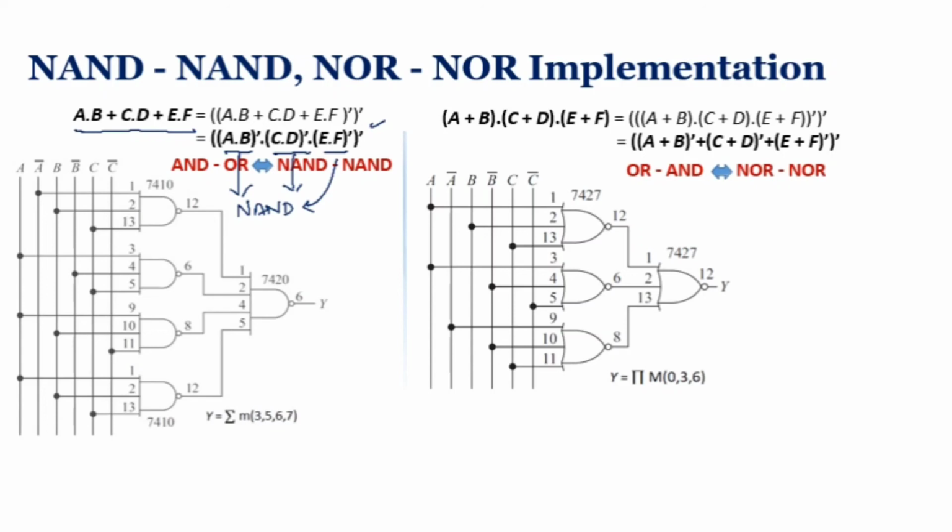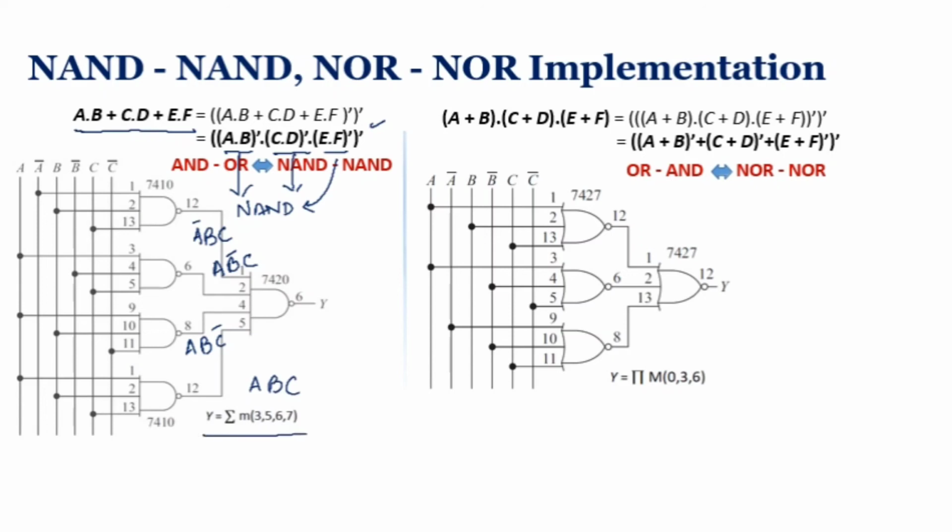Here it has been mentioned it is done for A bar, B and C. And this is for A, B bar, C, and this for A, B, C bar, and this one for A, B and C.